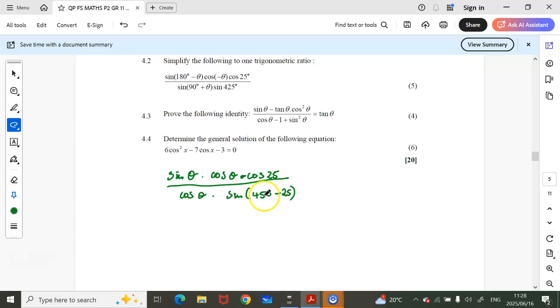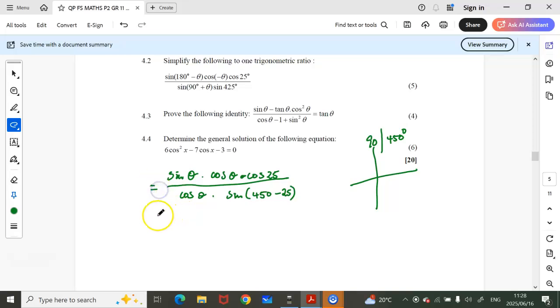Remember, on the Cartesian plane, 450 lies on the 90 degrees. It goes with 90 degrees. That means it's going to change the function into cos.